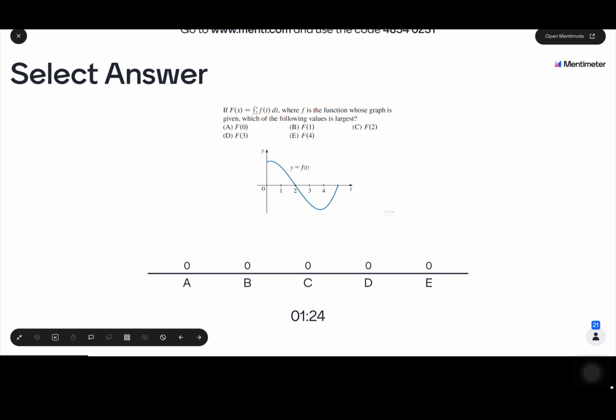So first apply the derivative, right? To get the maximum value. And then look at the graph. The graph means the capital F prime.